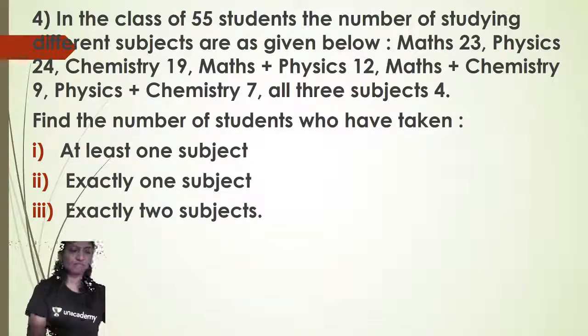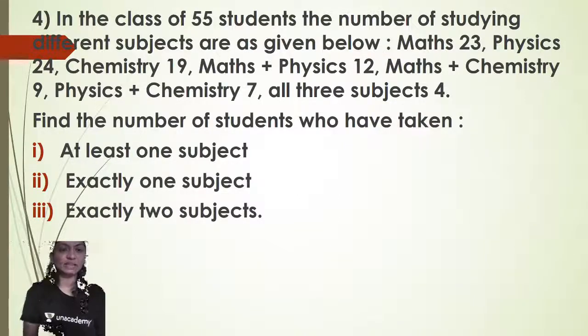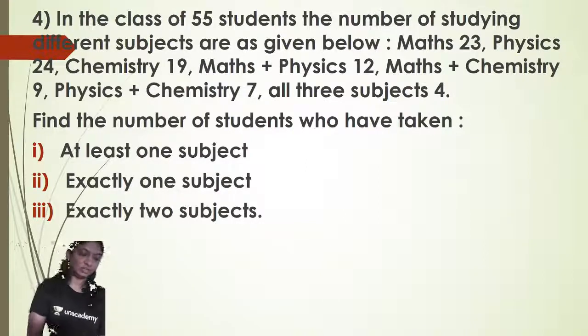Maths 23, physics 24, chemistry 19, Maths plus Physics 12, Maths plus Chemistry 9, Physics plus Chemistry 7, and all the three subjects are 4. Find the number of students who have taken, first, at least one of the subjects, second, exactly one subject, third, exactly two subjects.